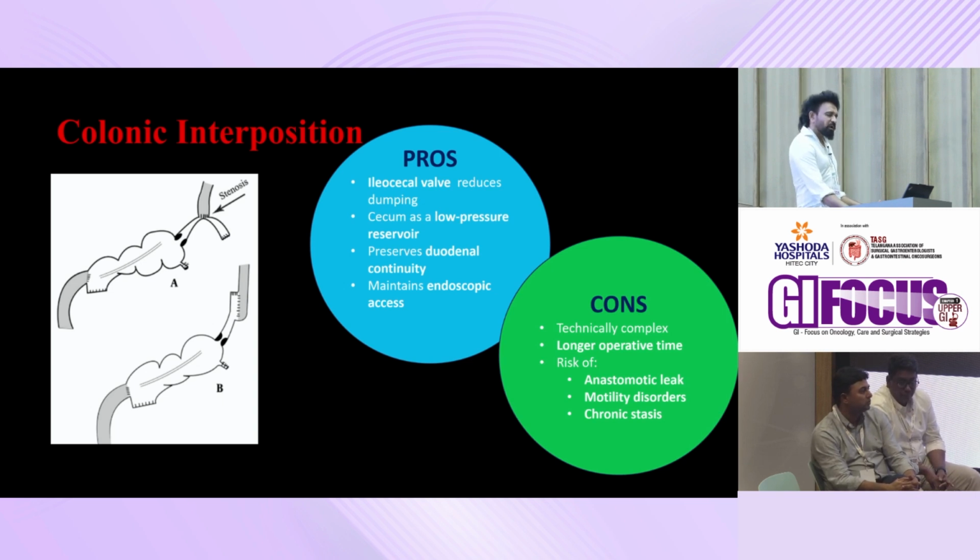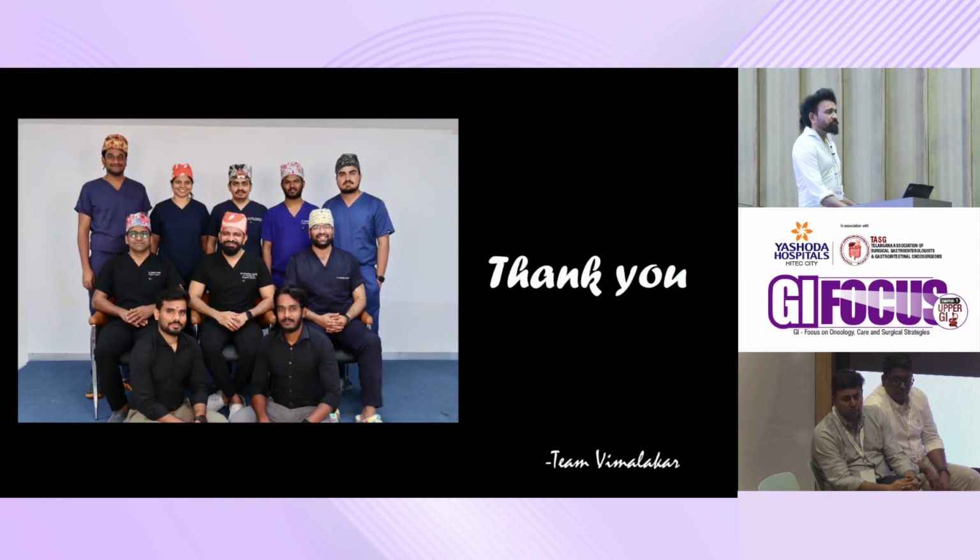These are all the options to reconstruct after total gastrectomy, but as you all know, most commonly done is esophagojejunostomy anastomosis. At times a few groups are following even a pouch, but without duodenal continuity. Thank you one and all.